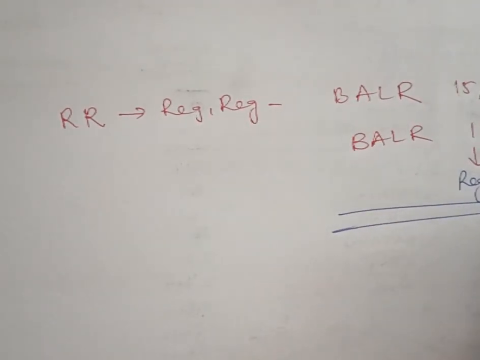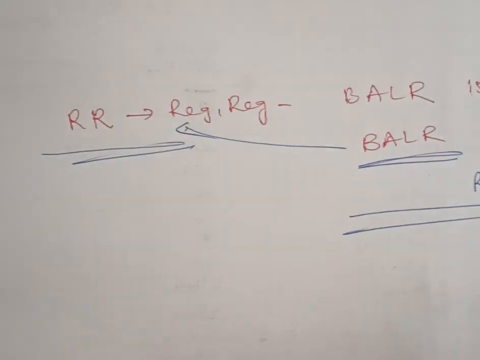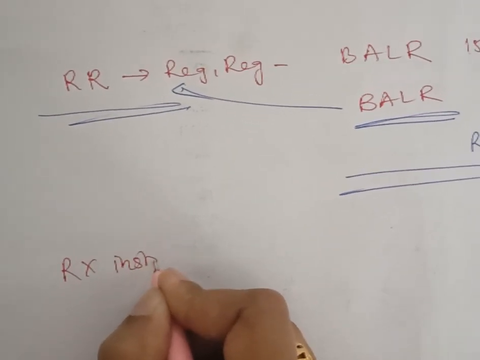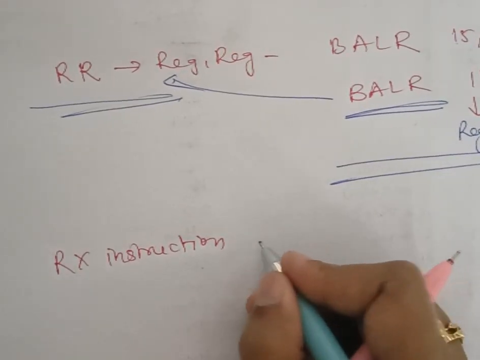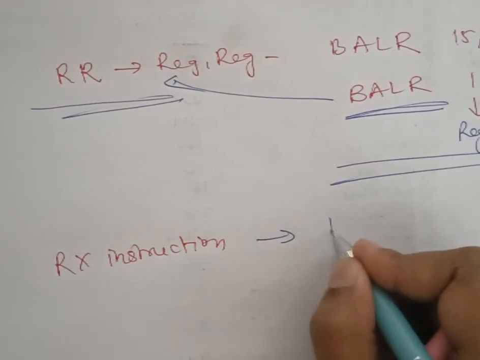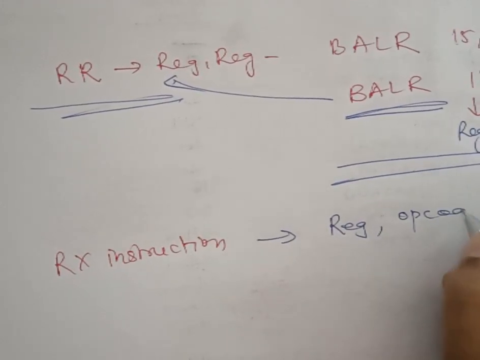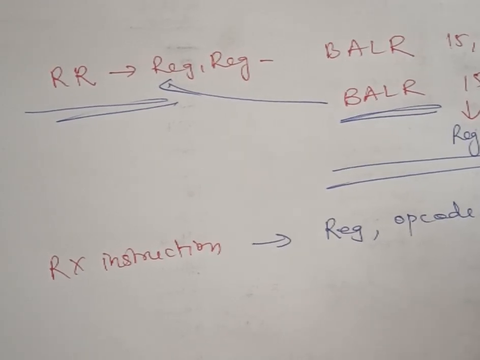We are not going to change anything in the RR instruction or BALR because it contains RR registers. Second, we are having the RX instruction. In the RX instruction, the formula is simply your register, comma, your opcode, then in brackets we have to write the index, comma, base.